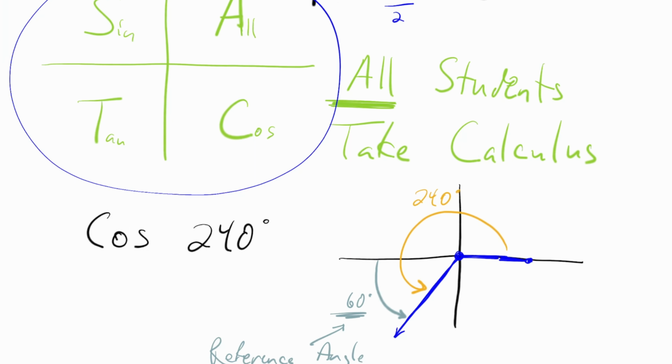Okay, cool. So now instead of getting the cosine of 240, we'll come back to that in a minute. We're actually going to get the cosine of 30, right? Why 30? Tell me why 30.